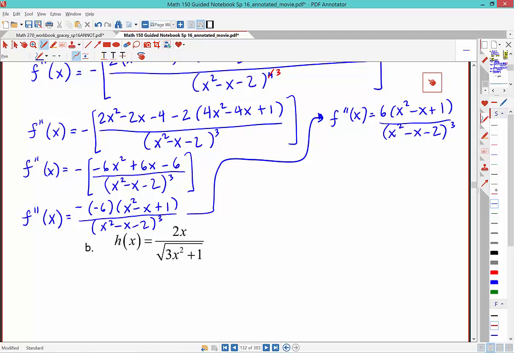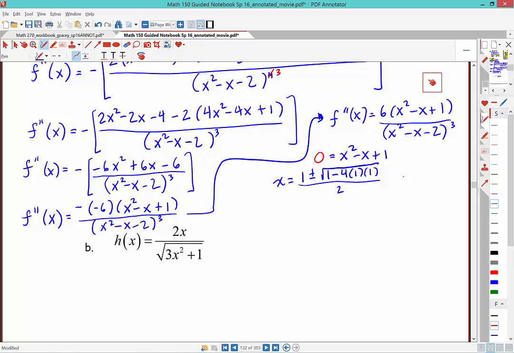So finding the zeros, I'll just set x squared minus x plus 1 equal to zero to find the zeros. So x is 1 plus or minus the square root of 1 minus 4 times 1 times 1 all over 2.